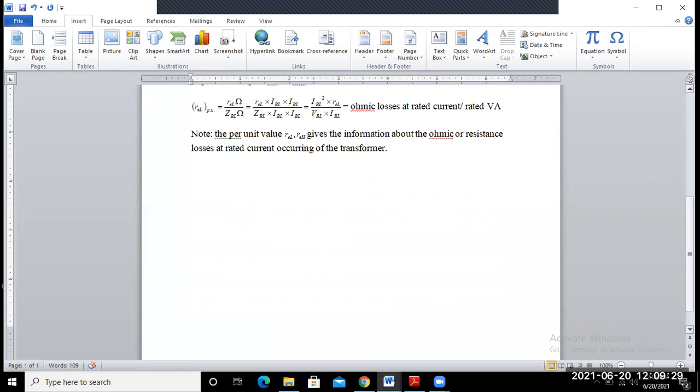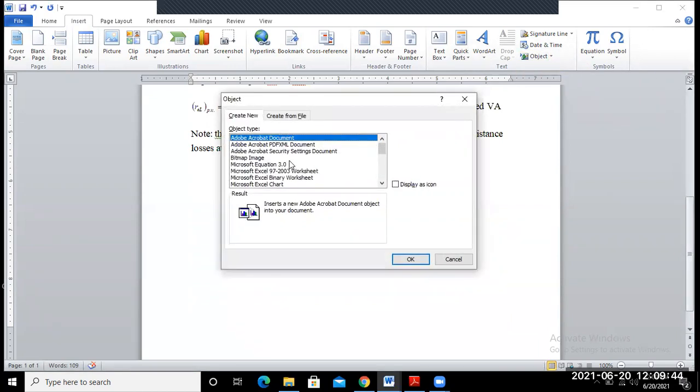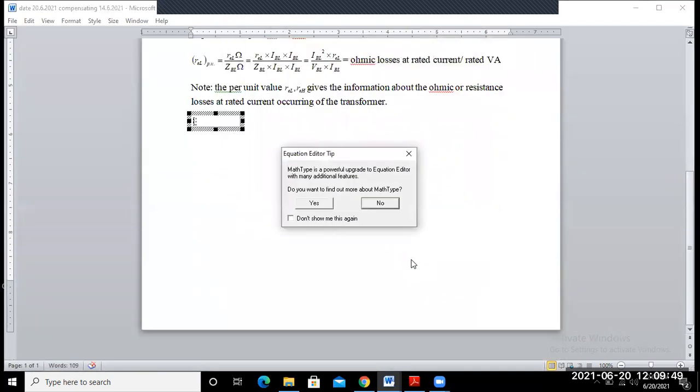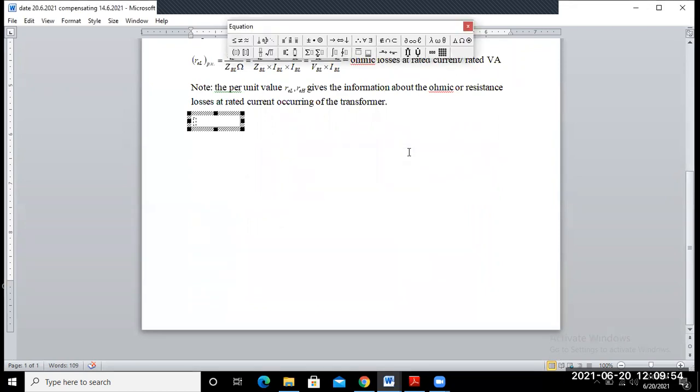So just try to see here, Z in per unit is equal to impedance in ohm divided by base value in ohm. The base value in ohm is equal to kilovolt base whole square divided by MVA.